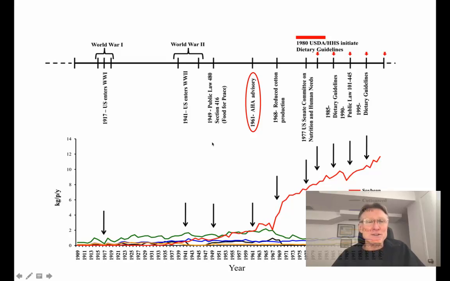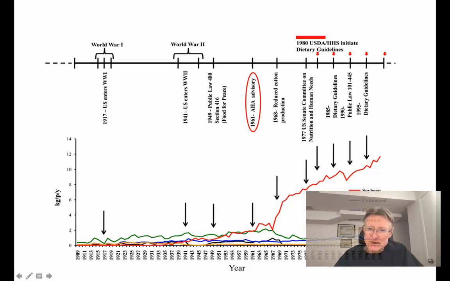The reason for this is, if we look here, we have a timeline starting from 1909, early in the 20th century, and going all the way to 1999, close to the end of the 20th century. On the y-axis we have the consumption of these oils, in this case soybean, cottonseed, corn, coconut, and olive.